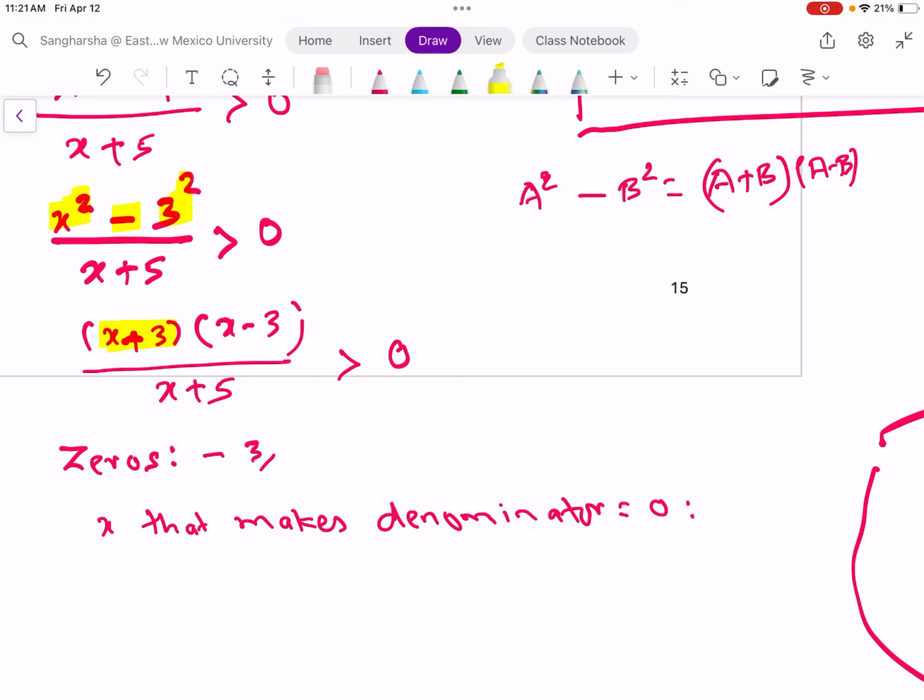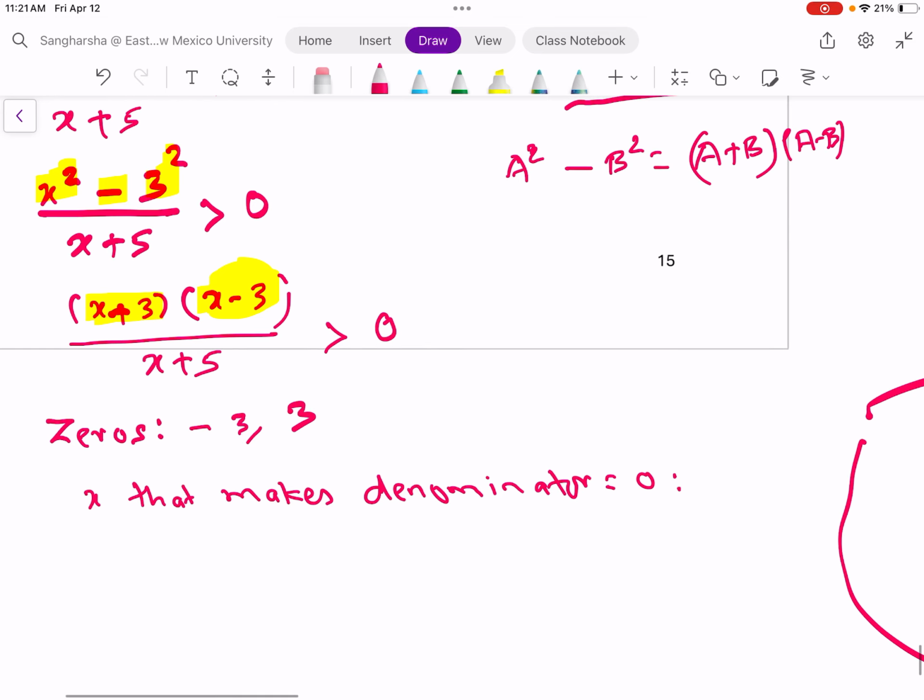Now let's go to the second factor. For what x value is this factor 0? Positive 3. So these two are the zeros. Now this is the rational, so we check: do we have an x that makes our denominator 0? Negative 5.